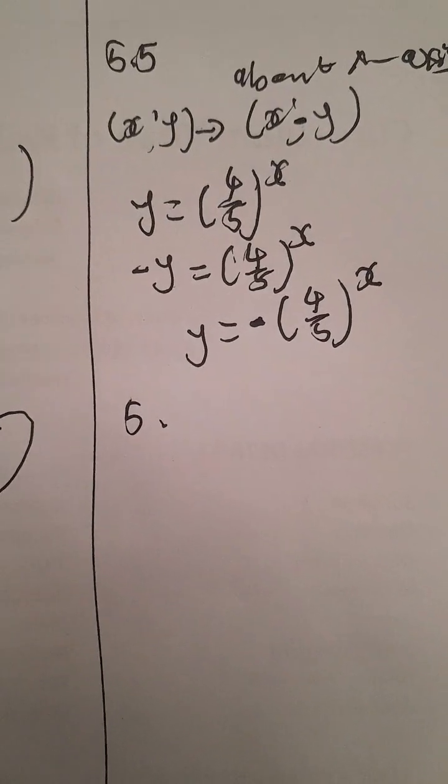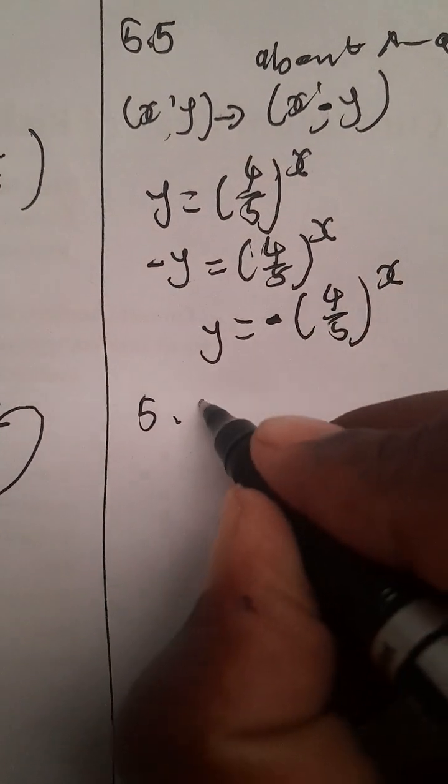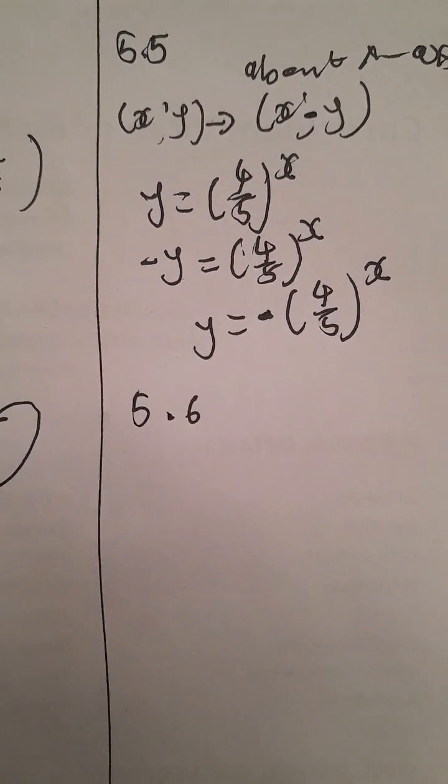Then let's look at 5.6, guys. At 5.6, write down the equation of the line that f has to be reflected about in order to obtain the inverse.